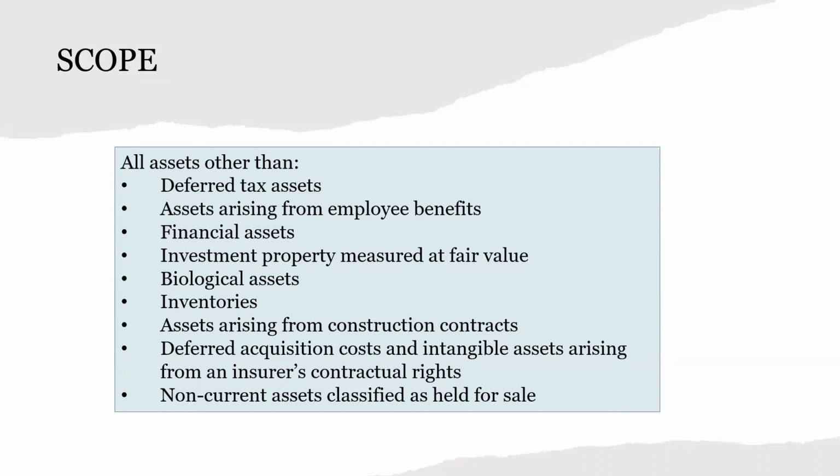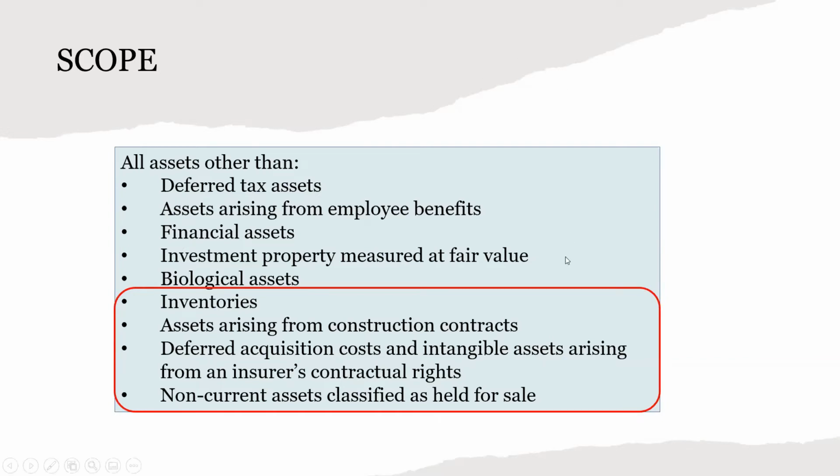But inventories up to non-current assets classified as held for sale are covered by PFRS for SME Section 27.